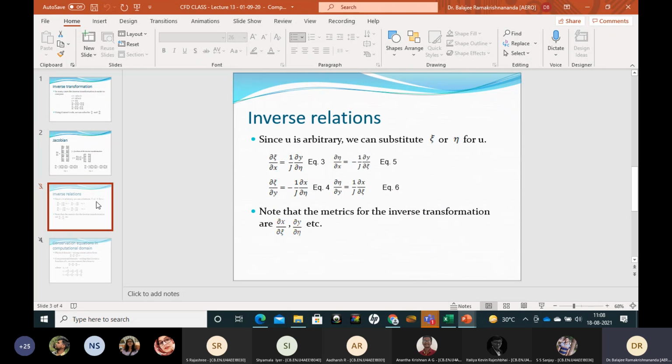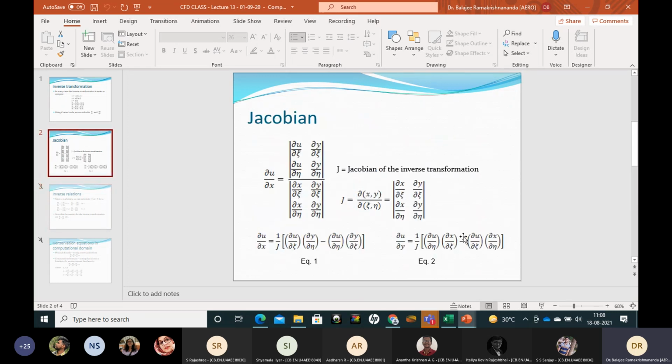You can put anything for u. In particular, you can even put ξ or η. Instead of u, you put ξ. ∂ξ/∂η will become 0, and ∂ξ/∂ξ will become 1. It will be minus ∂x/∂η into 1/J. That will be ∂u/∂y.